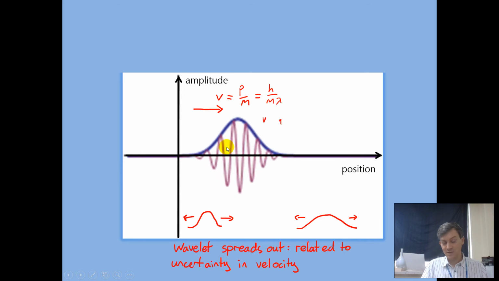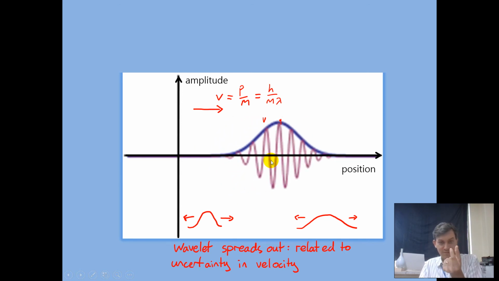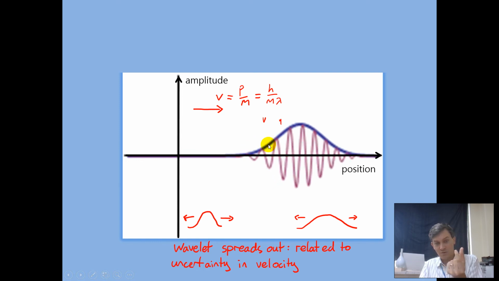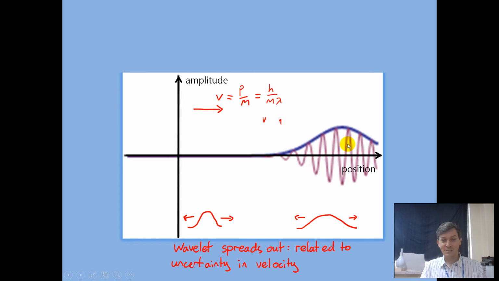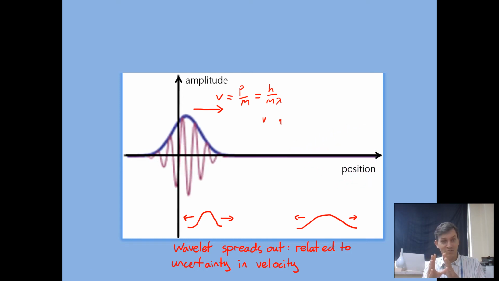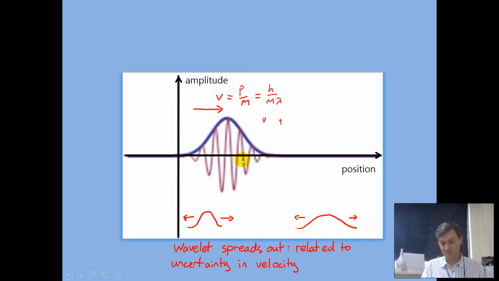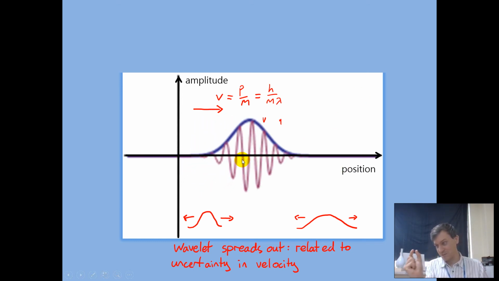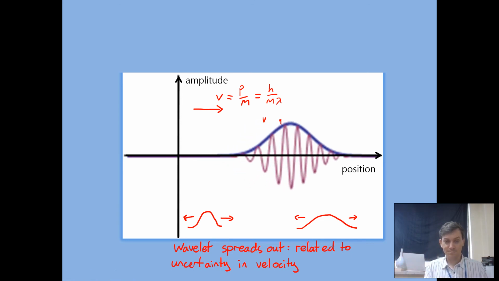You can think about this wavelet as behaving just like a classical particle as long as you don't look too closely, right? So as long as the width of the wavelet stays less than the widths over which you are interested in your experiment, you can treat this just like a classical particle, right? Because it has a well-defined position, and that position just moves with a constant speed. Okay.